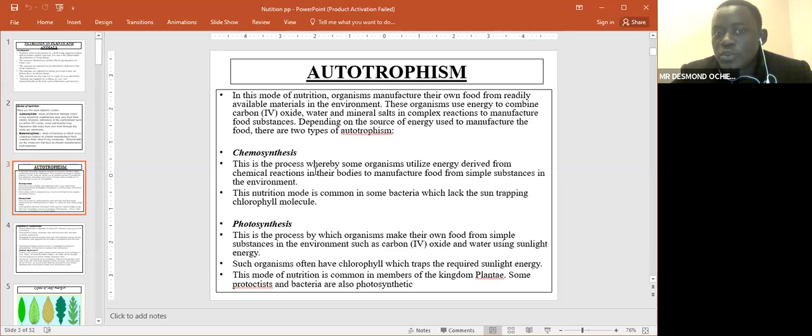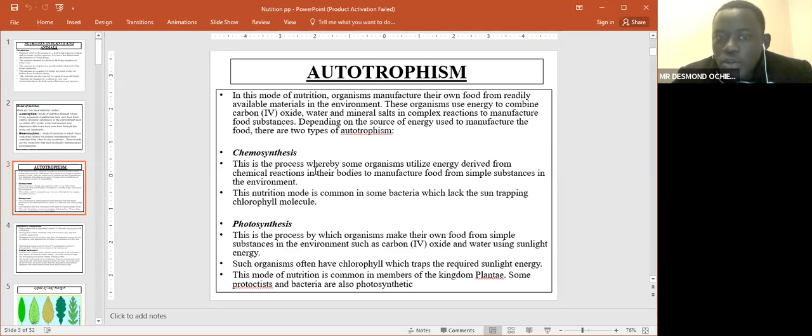So energy is used to combine the materials such as carbon dioxide, water, and mineral salts in complex reactions so that they can finally manufacture the food substances. Okay, so this energy can either be obtained directly from the sun, the light energy that is, or the energy can be obtained from chemical reactions which occur in the bodies of organisms.